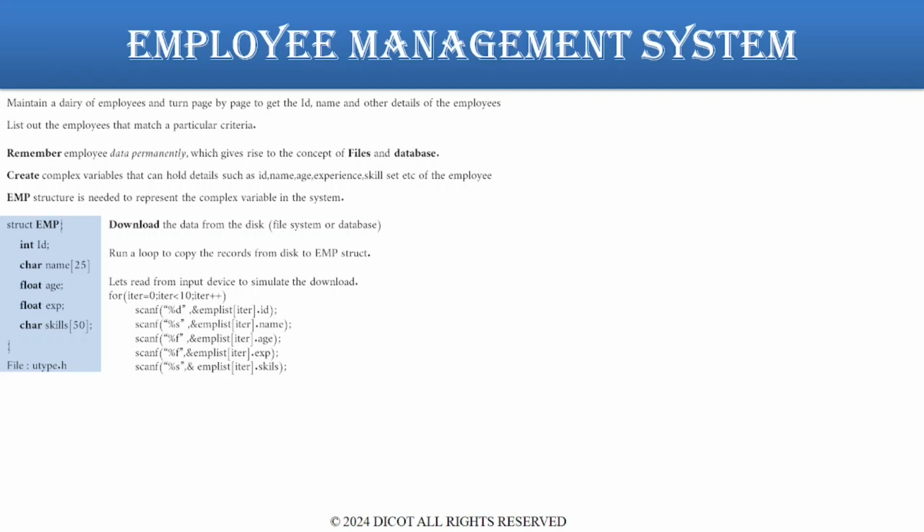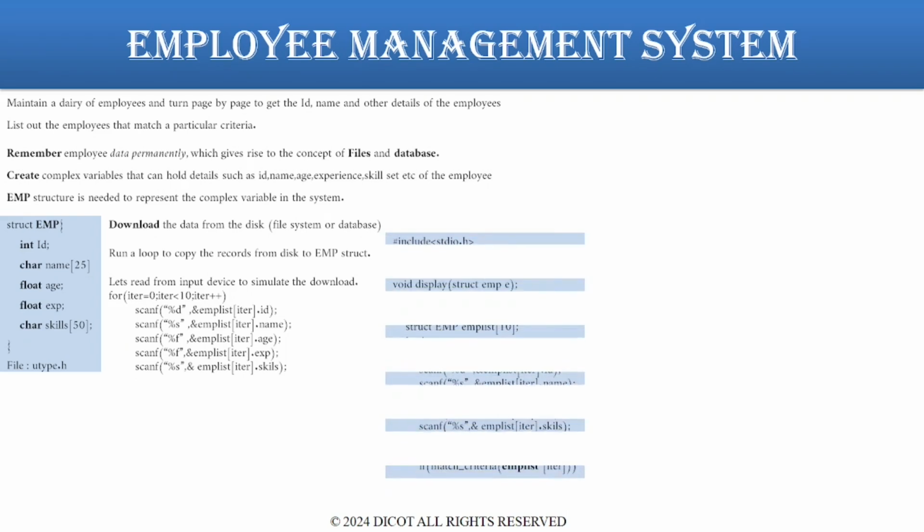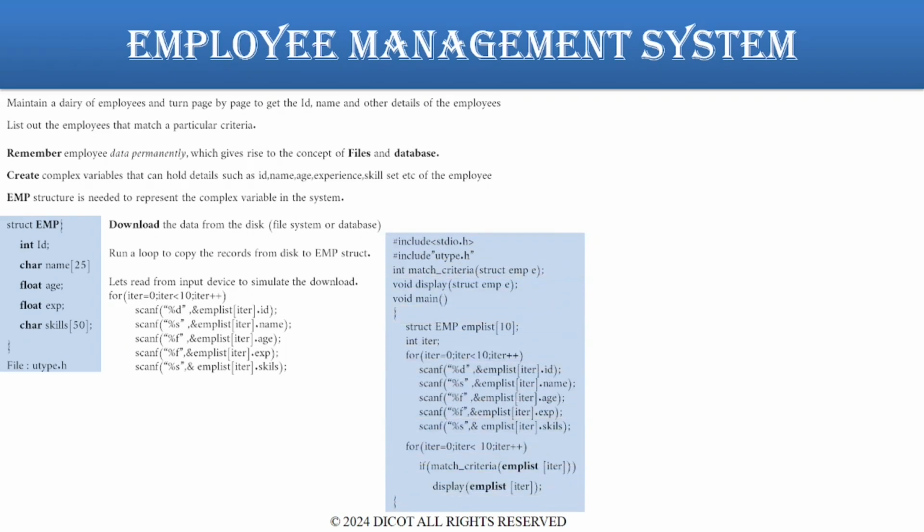Now let's traverse this loop once again, but this time to process the data in the list. The second loop. Take one structure at a time and pass it to the match criteria function that checks whether this employee matches the required criteria. So this is the definition of the match criteria function.